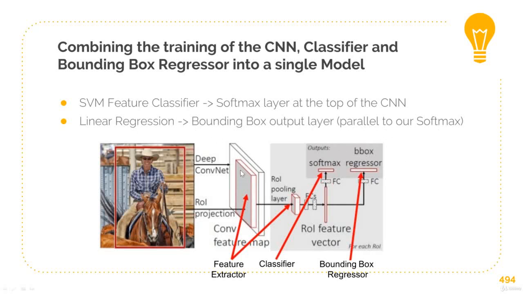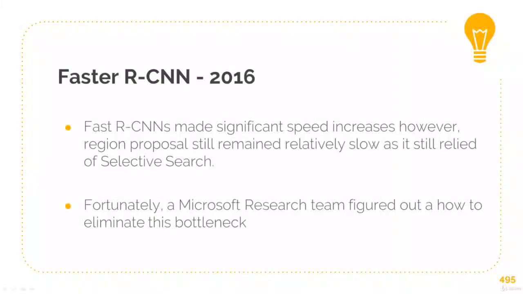So we have our feature extractor CNN, we have our softmax layers at the end of the CNN being our classifier for the object type or class, and in parallel, a bounding box regressor. That is how Fast RCNNs solved a lot of the delays and sluggishness of the original RCNN.